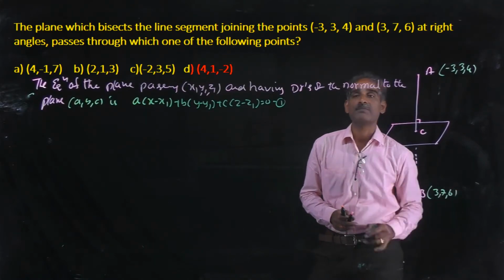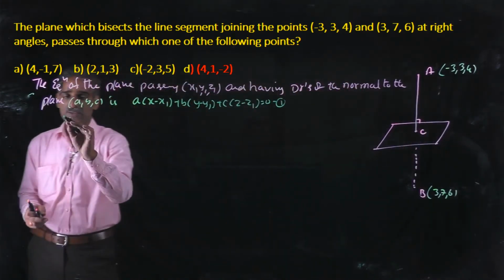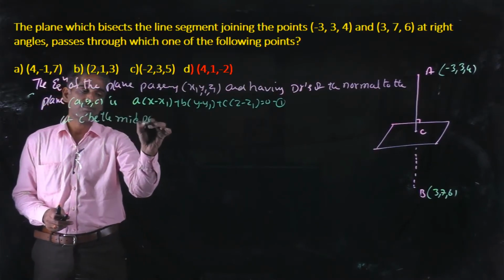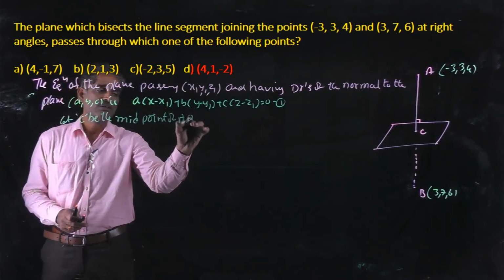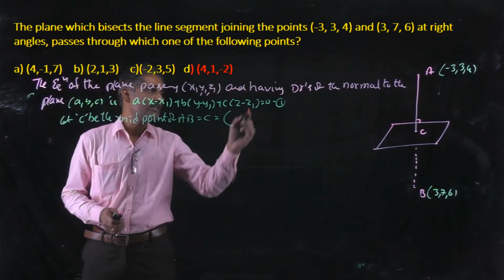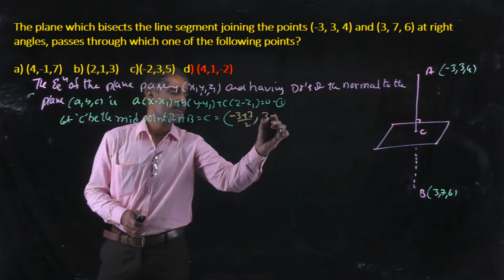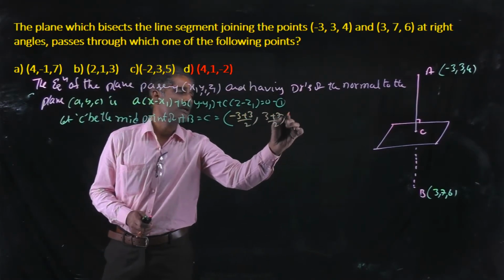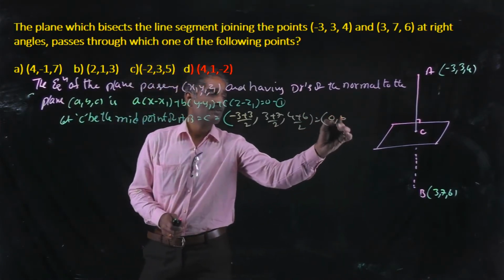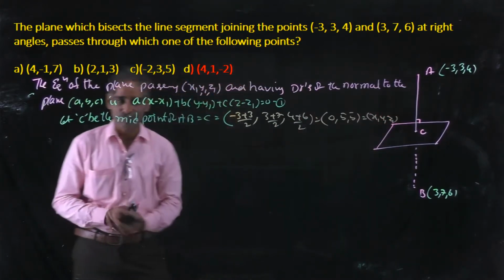Now first of all find out the midpoint of AB, that is C. Let C be the midpoint of AB, so C equals (minus 3 plus 3) by 2, (3 plus 7) by 2, (4 plus 6) by 2, that is equal to 0, 5, 5. This point lies on the plane.